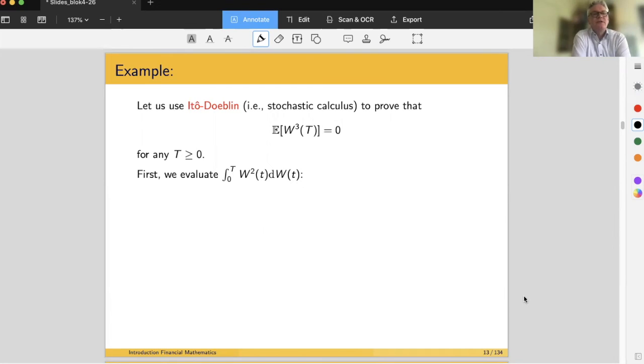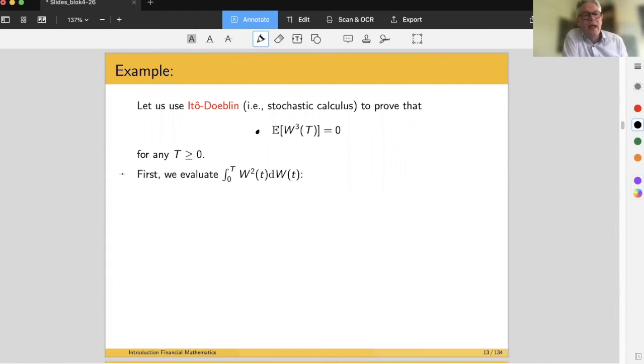So let's use Ito-Doeblin's formula in order to prove that the expected value of a Brownian motion cubed is equal to 0. So we look at the expectation of W cubed at time point capital T, and that should be equal to 0 for any t greater or equal to 0.